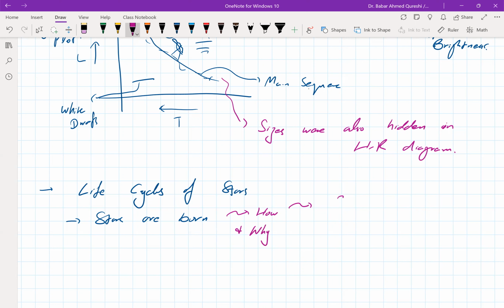They're born from interstellar dust and clouds, which are mostly hydrogen, some helium. Why? Because gravity attracts.